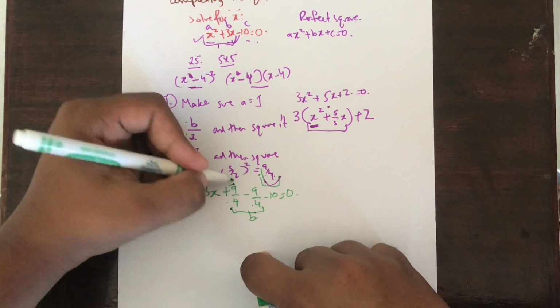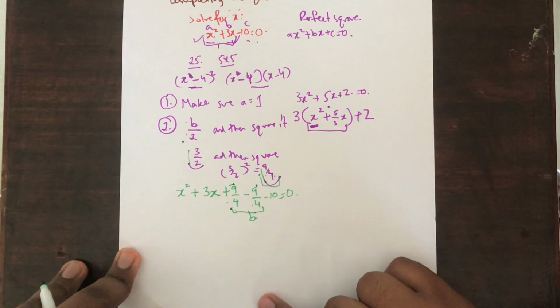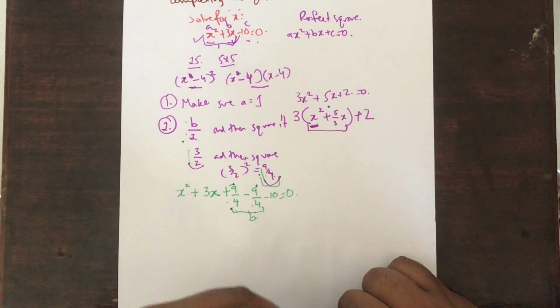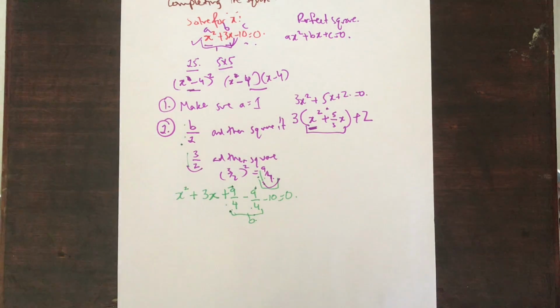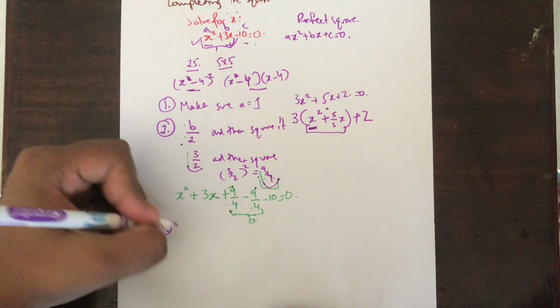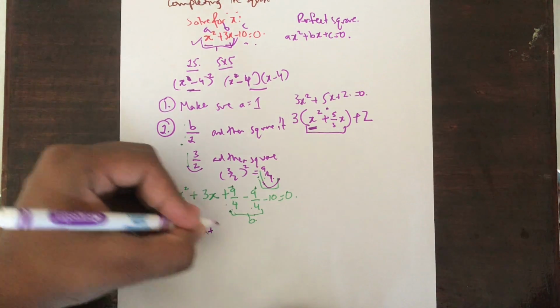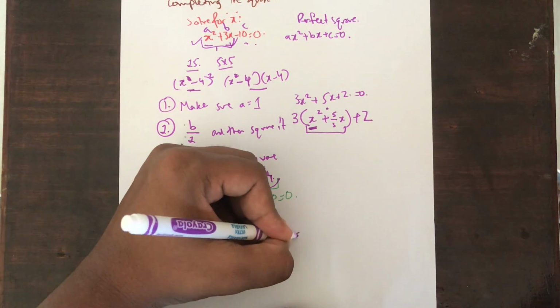You add 9 over 4, you subtract 9 over 4 to neutralize for that effect. Now you look at the next step of the question, and that is you need to first get a perfect square. So when you get the perfect square, you'll need to look at the first 3 terms and make a perfect square.